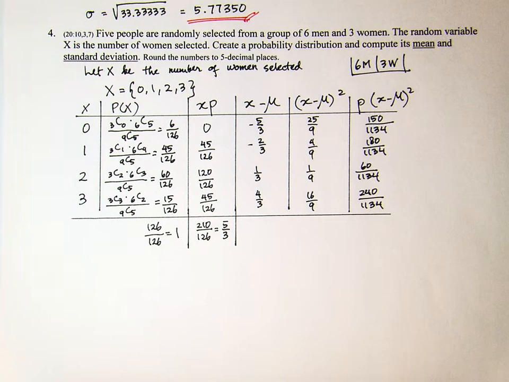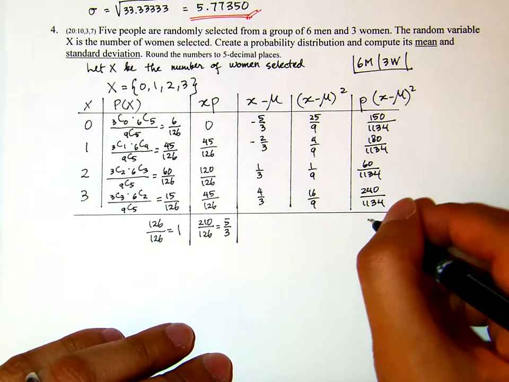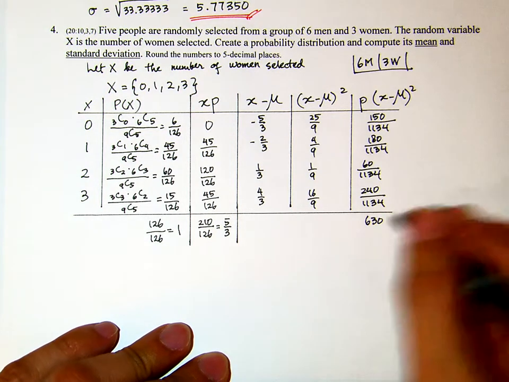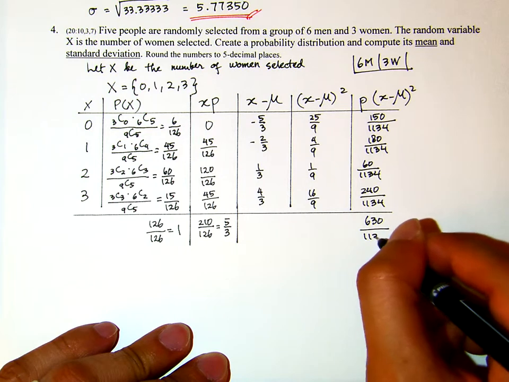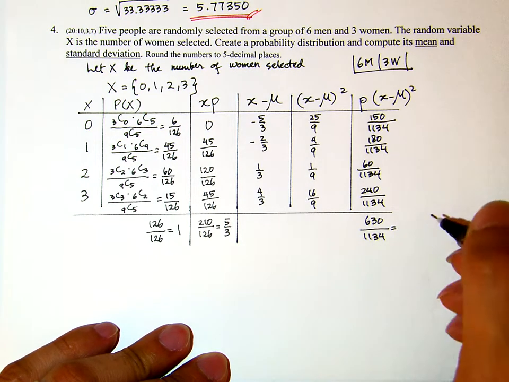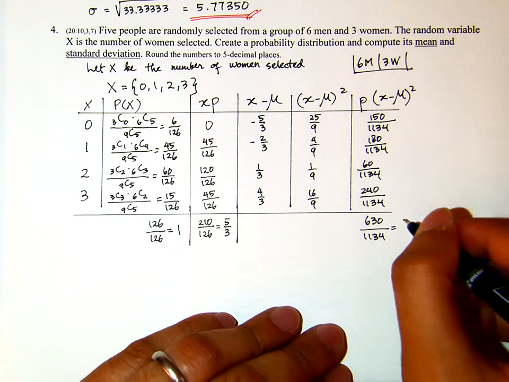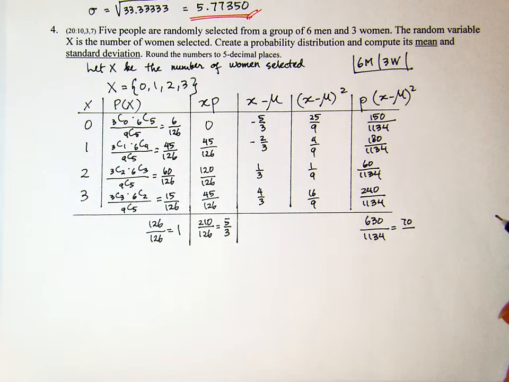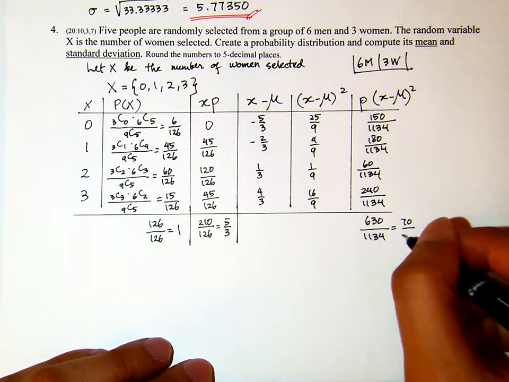Okay, now let's see, when I add them, 150 plus 180 plus 60 plus 240 equals 630 over 1134. Now both of them multiple of 9, so 630 divided by 9 is 70. 1134 divided by 9 is 126.